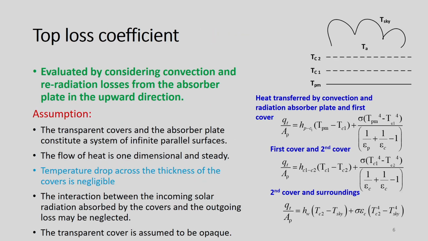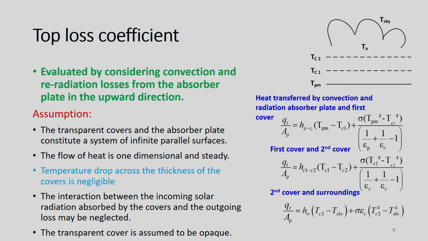Now, let us have a look at how to estimate the top loss coefficient. This top loss coefficient can be evaluated by considering convection and radiation losses from the absorber plate in the upward direction. There are some assumptions while evaluating this top loss coefficient.